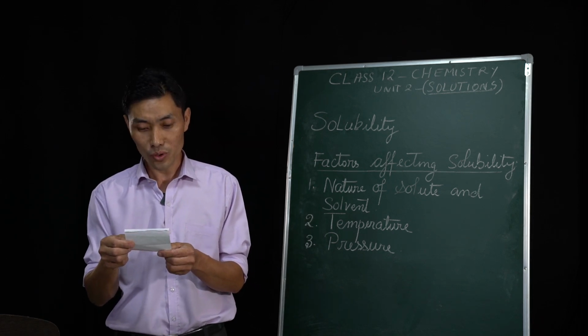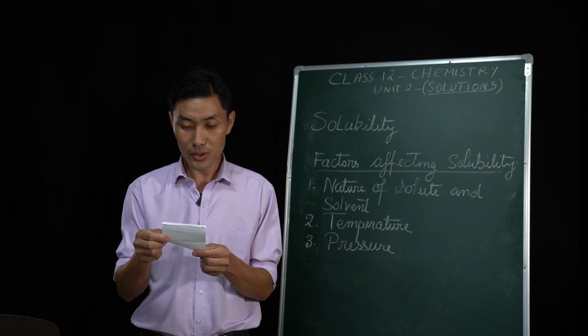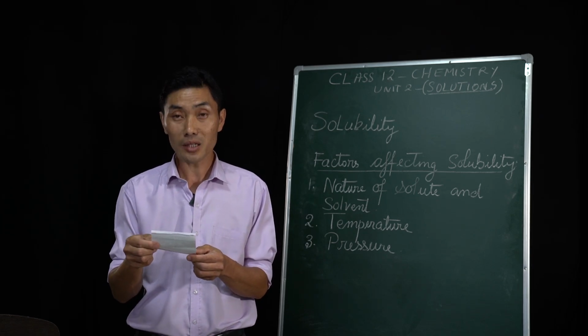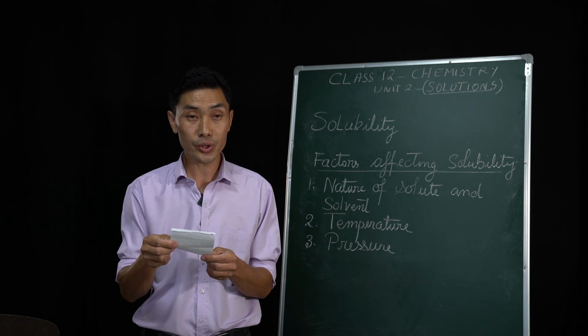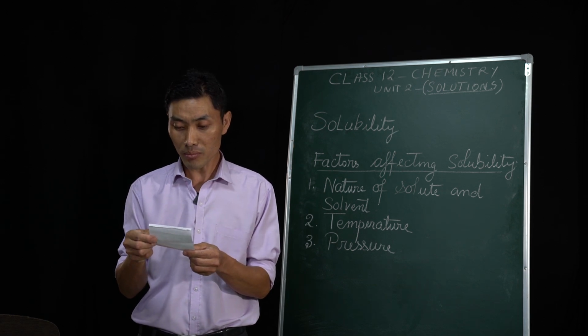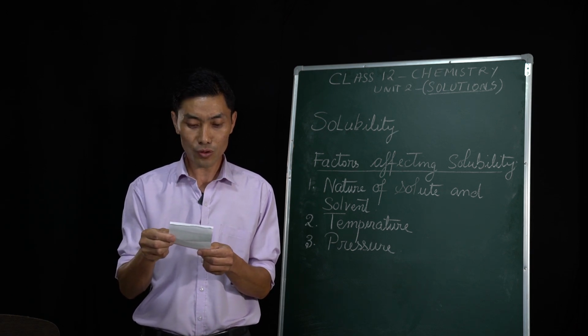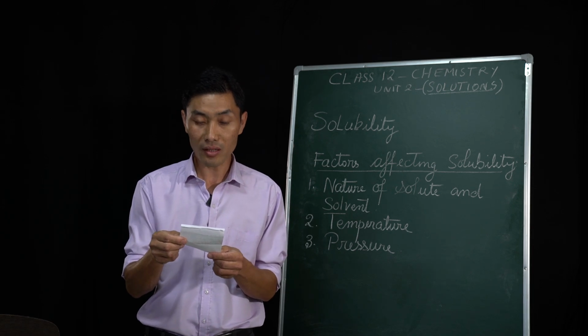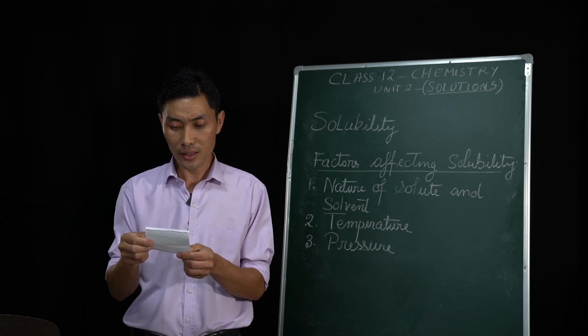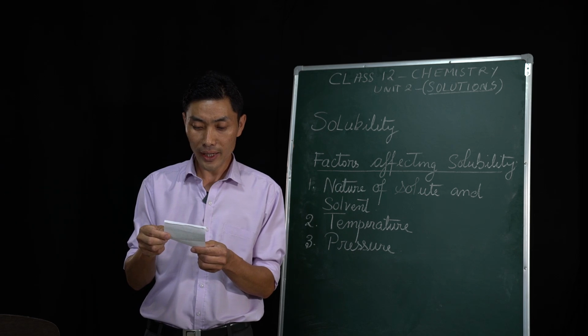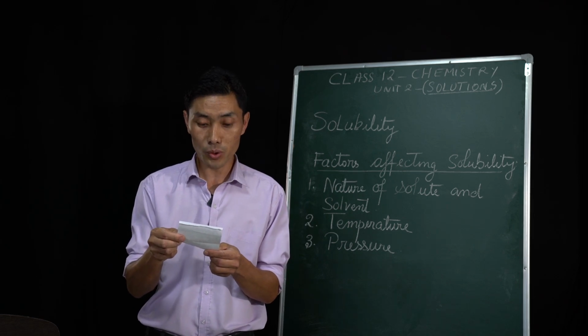The second question was to find the mass percentage of benzene and carbon tetrachloride in a solution in which 22 gram benzene is dissolved in 122 gram of carbon tetrachloride. There, you are asked to find the mass percentage of both.